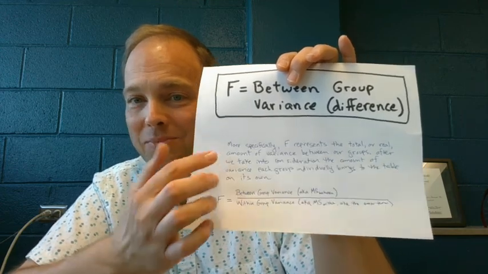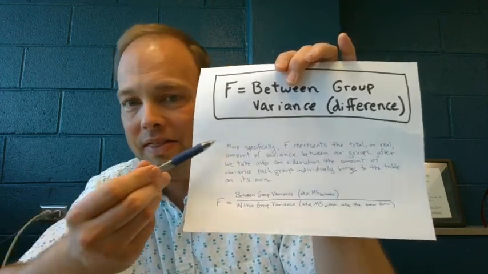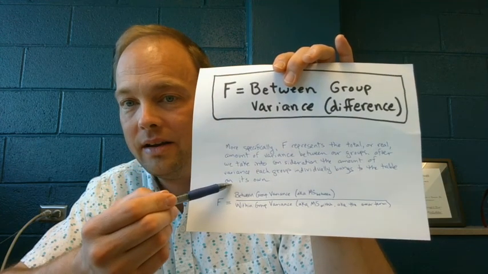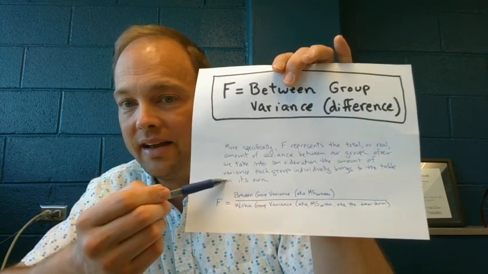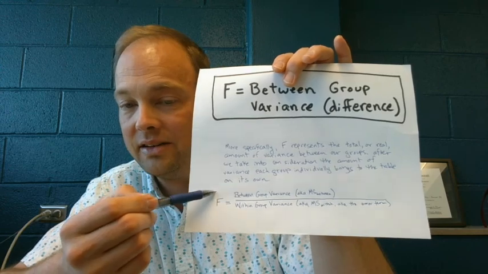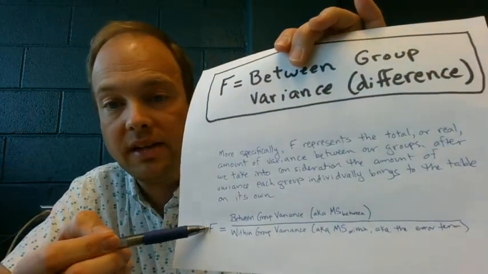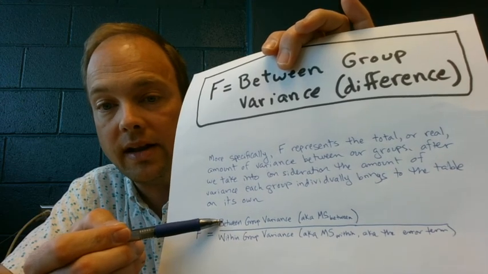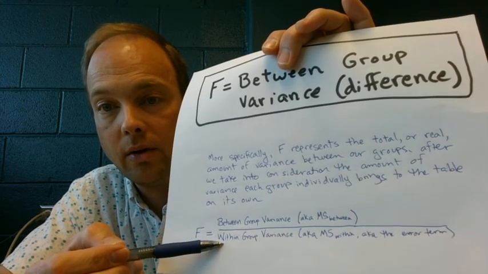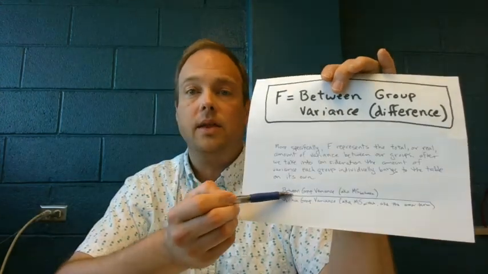These two things, believe it or not, say the exact same thing: F represents the total or real amount of variance between our groups after we take into consideration the amount of variance each group individually brings to the table on its own. F represents the between group variance divided by, or taking into account, the within group variance.